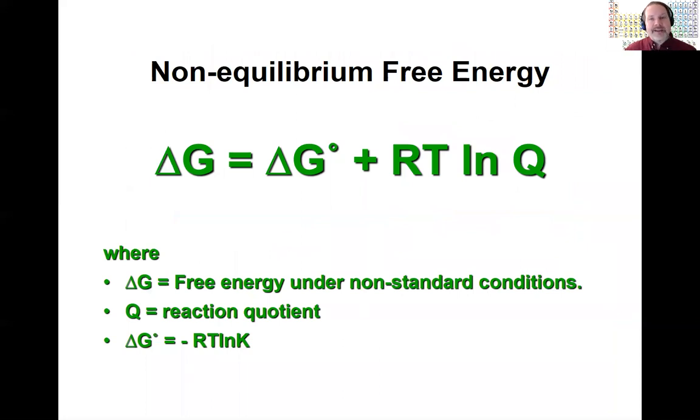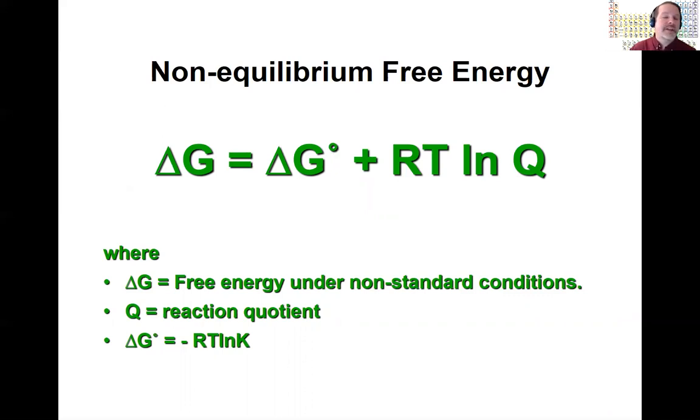Unfortunately, I can't derive the mathematical equation here. I'm just going to throw it out there, and we can just use it. There is an expression that relates Gibbs free energy for a chemical reaction under non-standard conditions to the free energy under standard conditions. So here it is. If we can figure out the free energy of a chemical reaction under non-equilibrium conditions, see, there's no little naught symbol there, by comparing it to the free energy under standard conditions, plus this RT ln Q term.